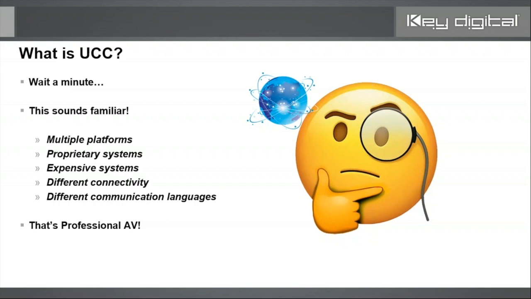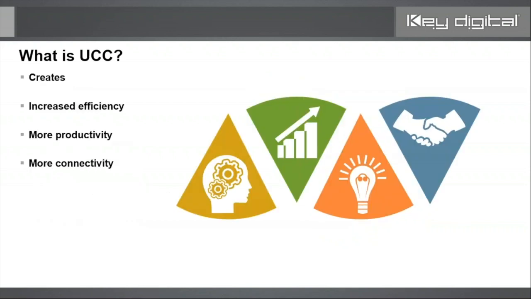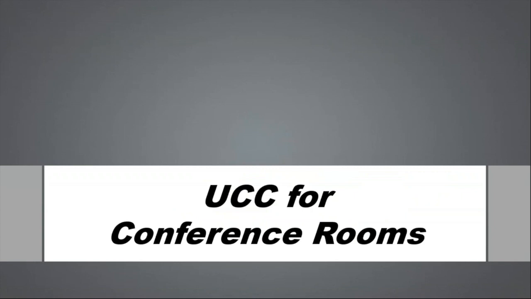So again, UCC, all of these different platforms, how do we unify them? And why are companies spending money to make this a trend? Because UCC increases efficiency for their workforce. It should increase productivity for their workforce, and it creates a network of more connectivity within their workforce.